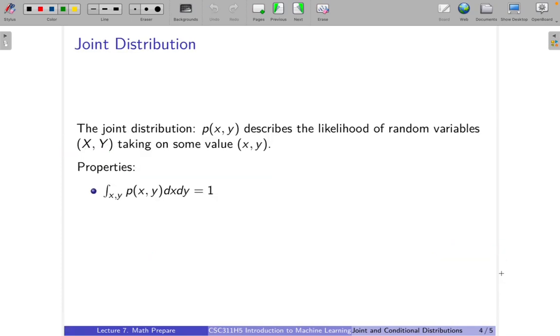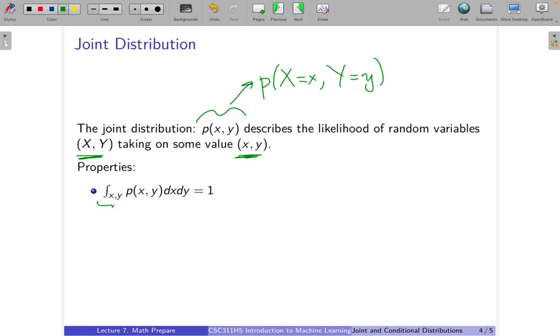A joint distribution describes the likelihood of a pair of random variables taking on some values. This is shorthand for the probability that my random variable x is little x and my random variable y takes on the value little y. So joint distributions are distributions.